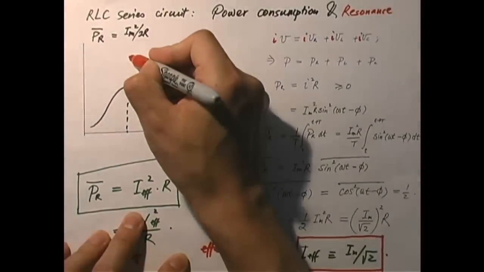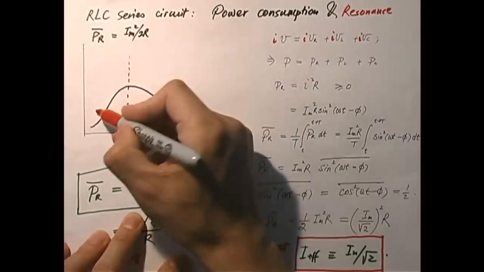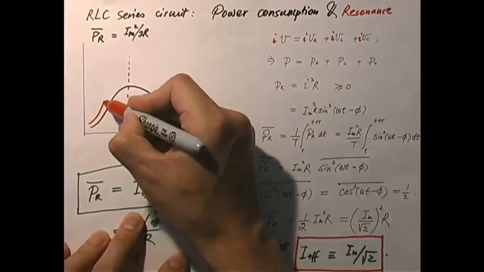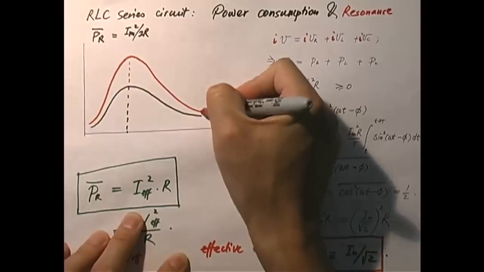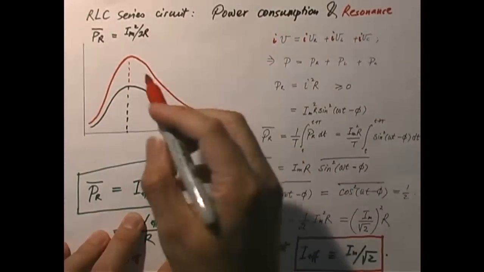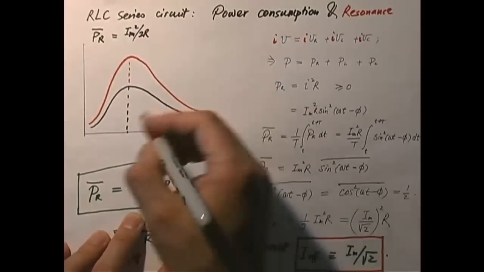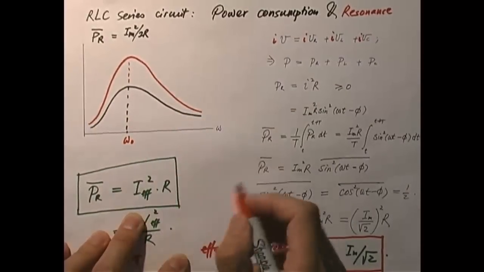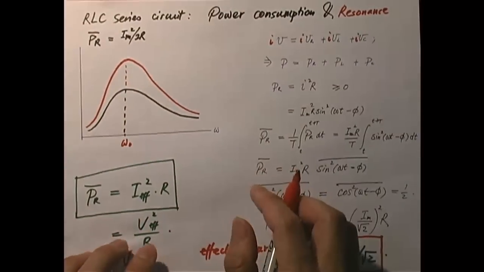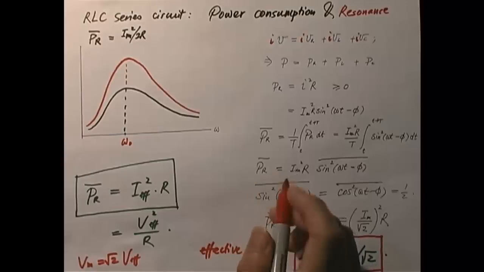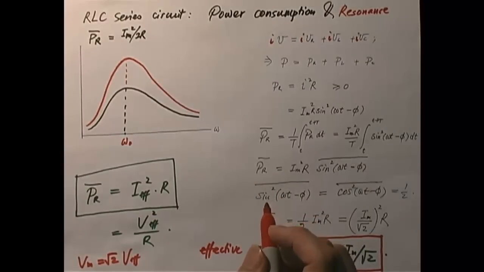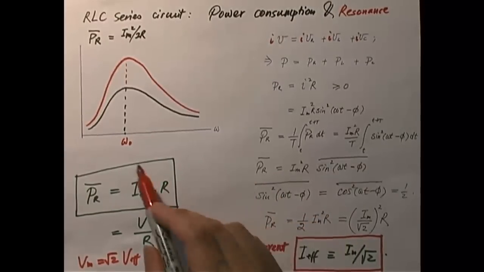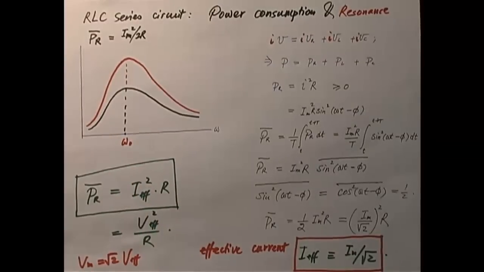And so if I were to plot the power consumption time average on the resistor, I'm going to get a similar curve like that. You see it peaks at a particular frequency, omega naught. This is the so-called resonance frequency. Not only is the current in the circuit the greatest, but at the same moment, the power consumption on the resistor also reaches the greatest value at the same resonance frequency.